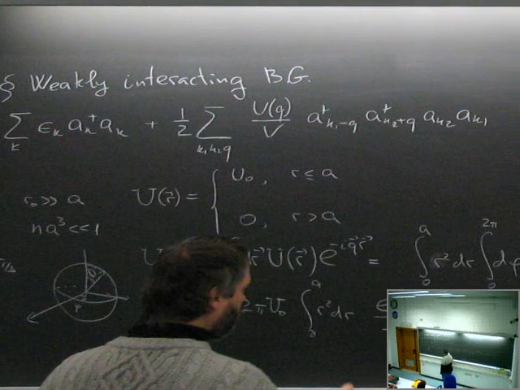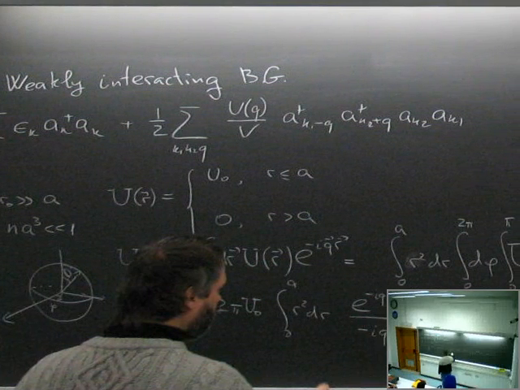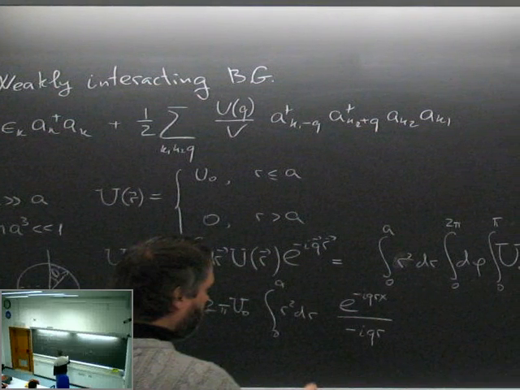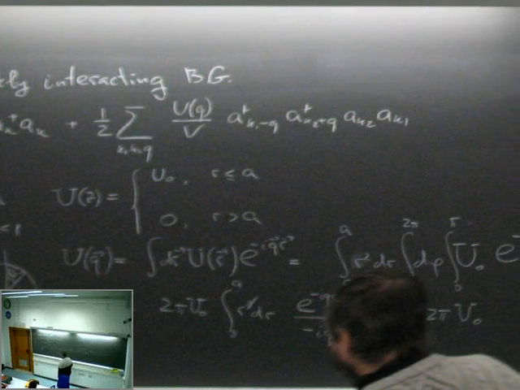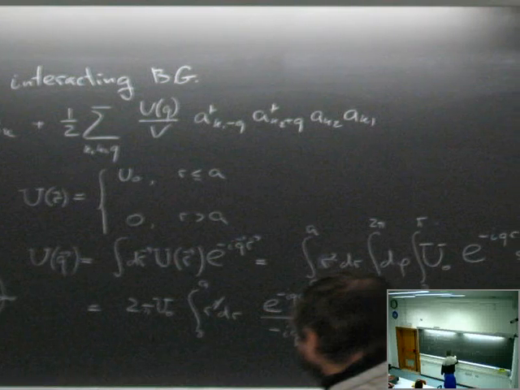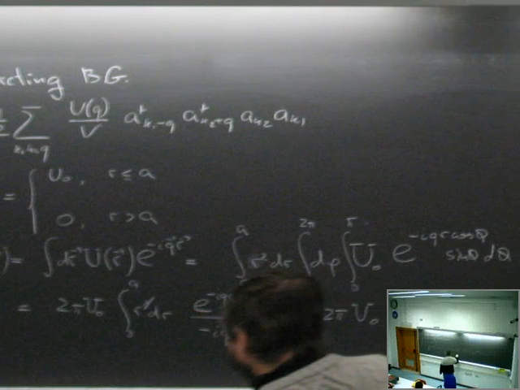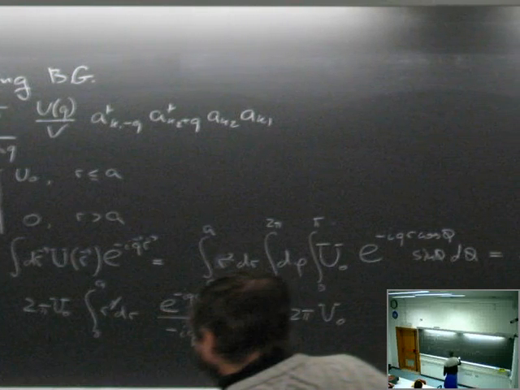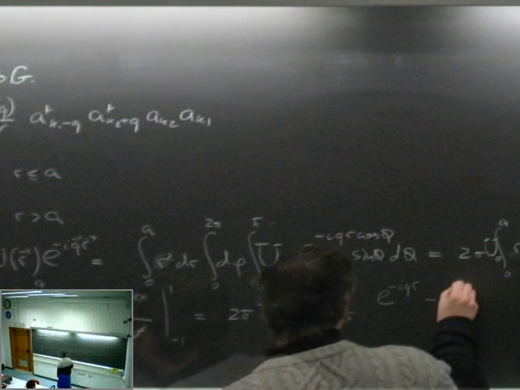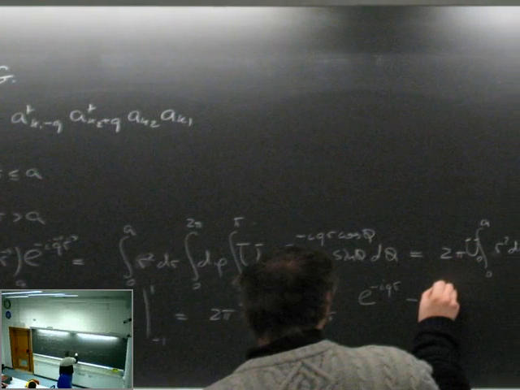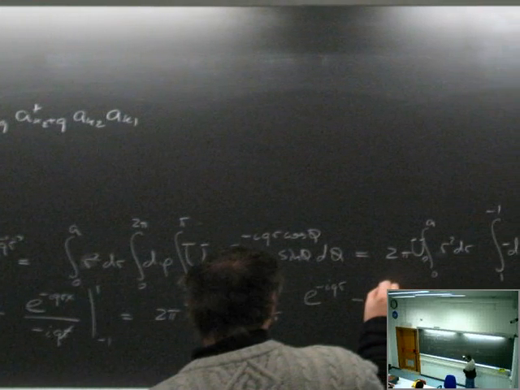I deliberately do it so detailed to show you what's going on. You note r and r here cancel out, so integral from 0 to a r dr. Then in the upper limit I have e to the power minus i q r. In the lower limit I have minus e to the power i q r divided by minus q. So you see q.